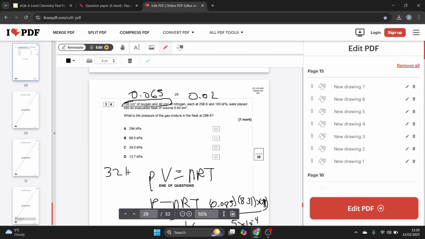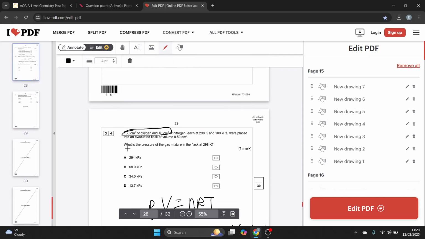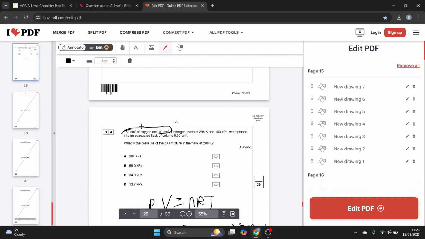Okay, so what I need to do instead is, first things first, find out the moles of O2. Like I said so many times, moles of O2, but I'm using the wrong volume. So it's going to be 170.